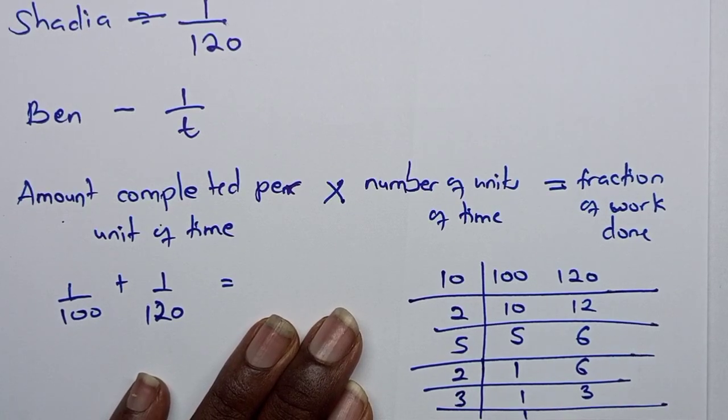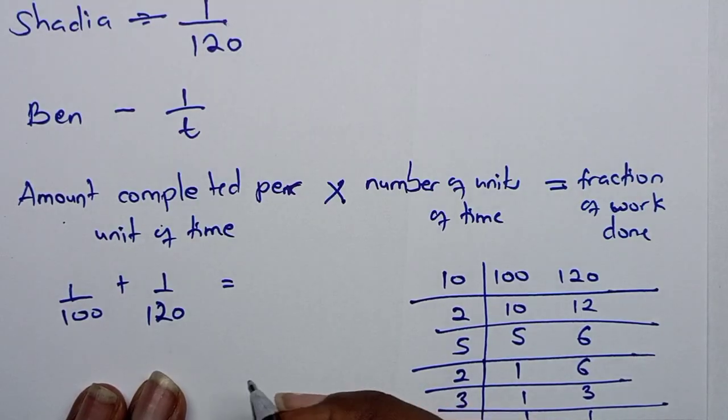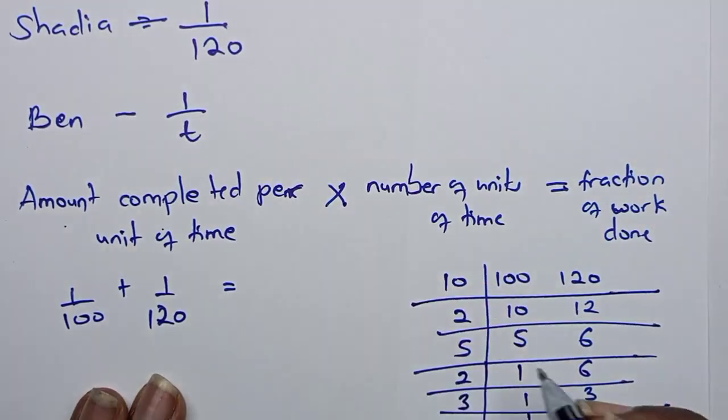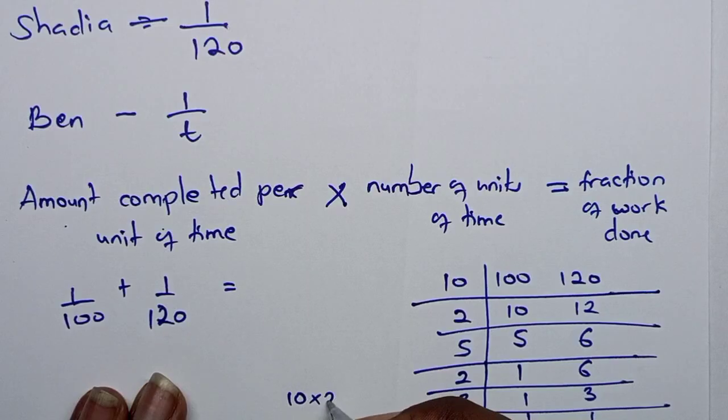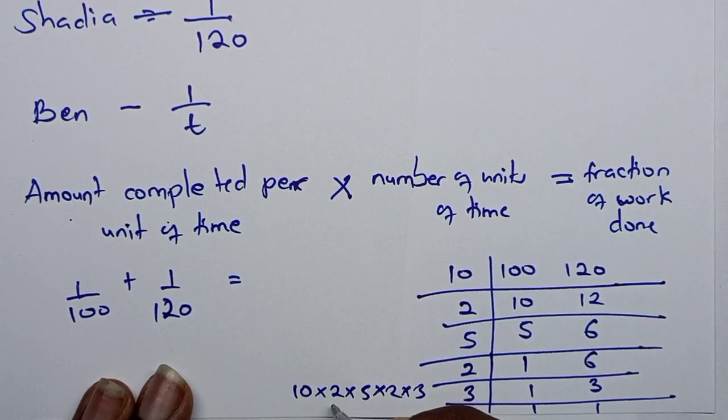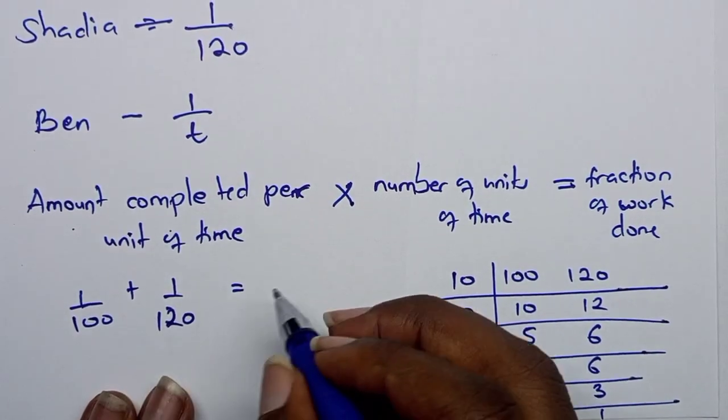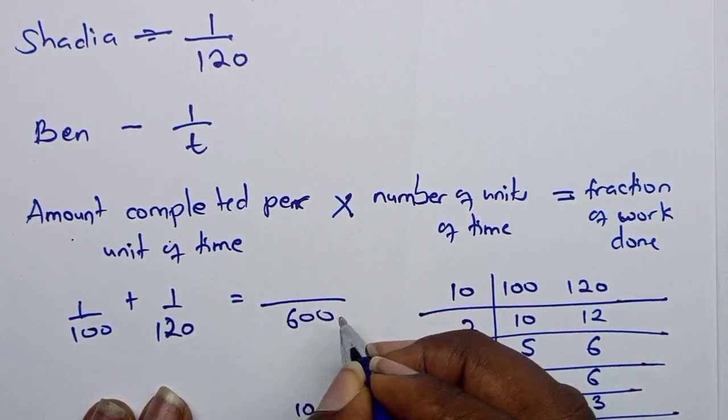Divide by 3, 1 and 1. So you multiply 10 times 2 times 5 times 2 times 3, which is equal to 600. So the LCM is 600.